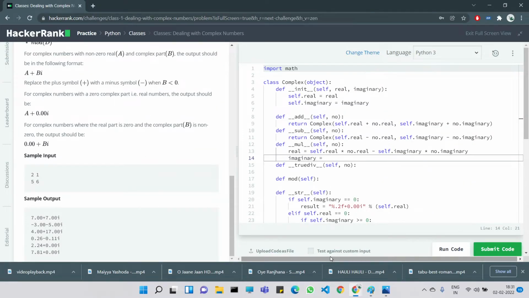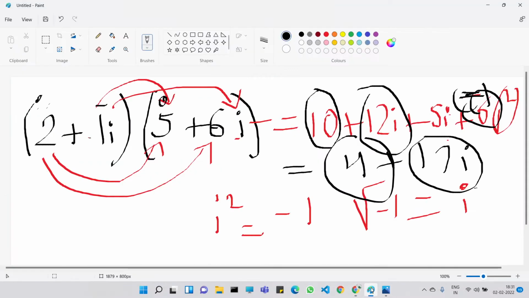Self dot real multiplied by number dot imaginary. Then we will be adding it, right? Addition. Then this term 5i. 5i is going to be 1i into 5.